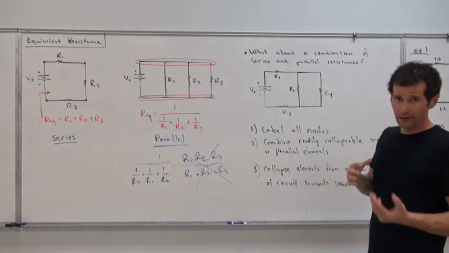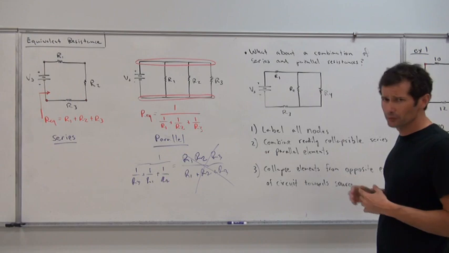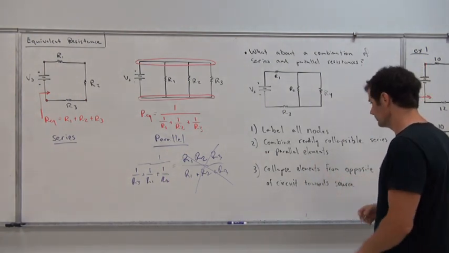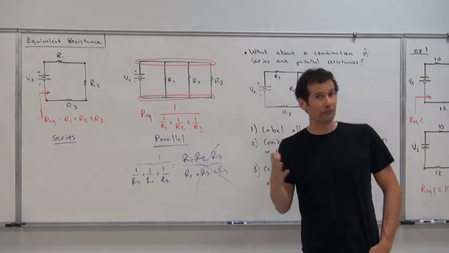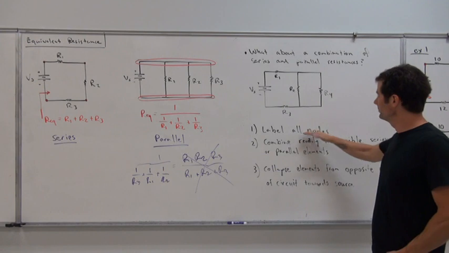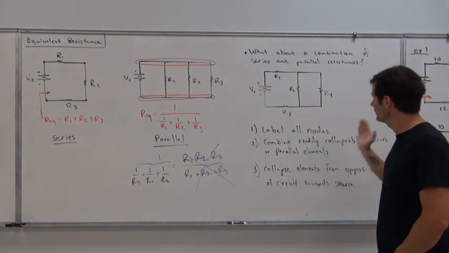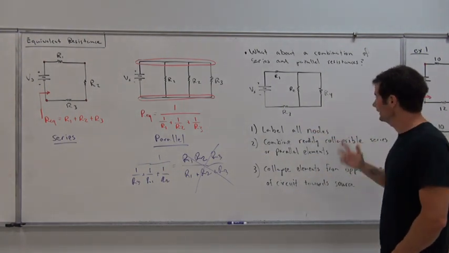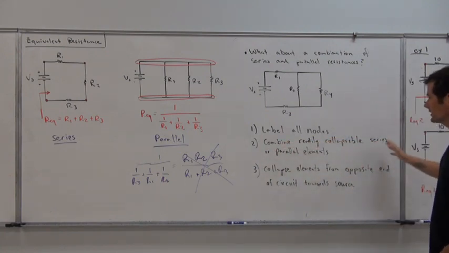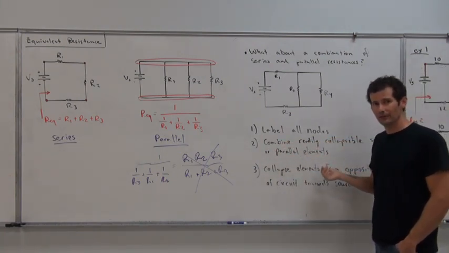So there's a couple of rules that we can go ahead and follow that really make going through and equating resistance very simplistic. The first thing, again, that you should do is label all nodes. Label all those nodes together. And from there, we combine the readily collapsible series or parallel elements.